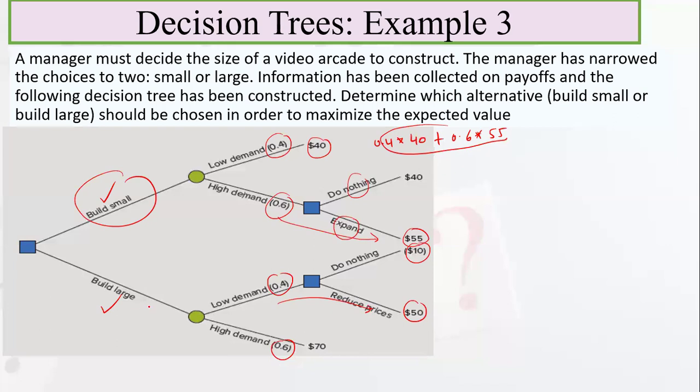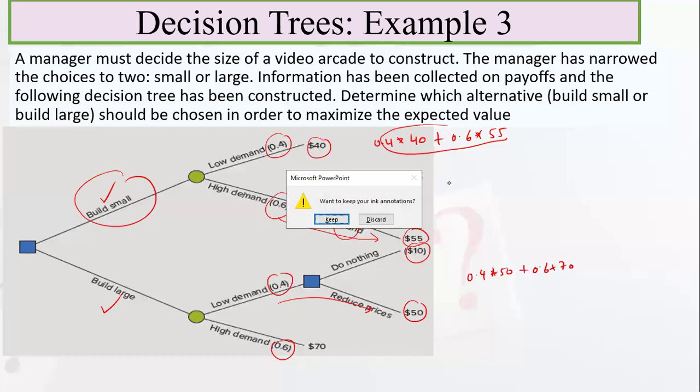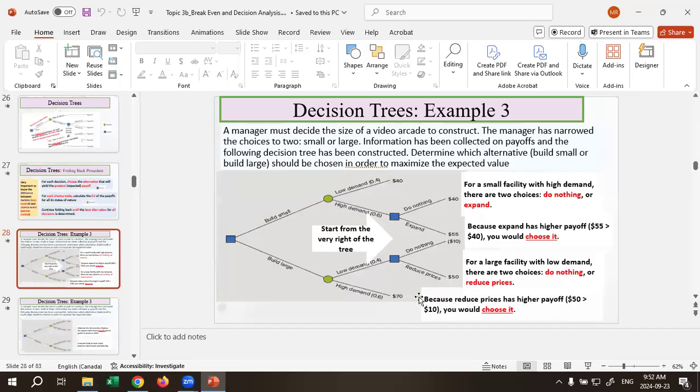The expected monetary value of the large facility is 0.4 multiplied by 50 plus 0.6 multiplied by 70. So compare both of them, whichever is higher, that's what you do. You understand me? So far, okay?